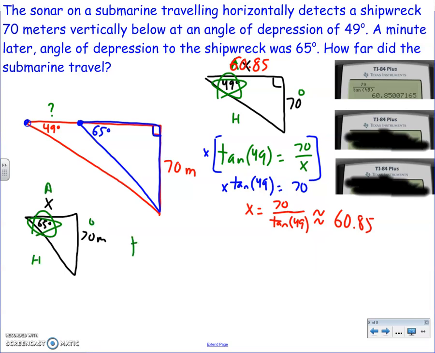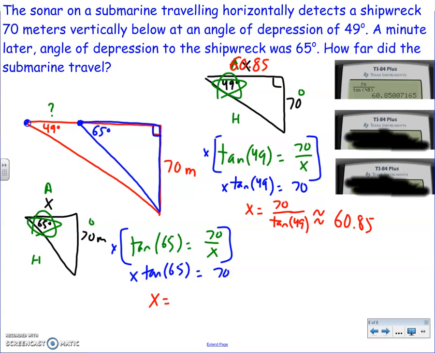So it's still tangent of 65 equals O over A. You're going to multiply by the denominator to get x times tangent of 65 degrees equals 70. Then divide both sides by tangent 65. X is 70 divided by tan 65. I'm going to type that in the calculator, get the approximation. 70 divided by tan 65 is about 32.64.